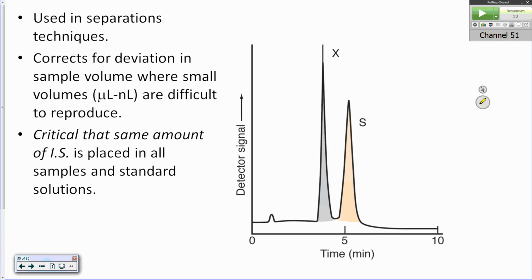In the second semester course, instrumental analysis, we do gas chromatography and high performance liquid chromatography, where our sample injections are microliters. It's hard to deal with a microliter. To try to reproduce a microliter injection with a 1% coefficient of variation is very hard for a human to do. Robots can do it, but we can't do it very easily.